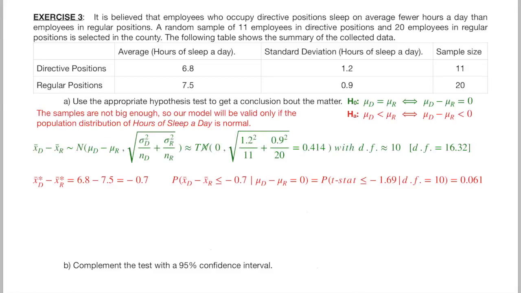The matter of fact is that when we picked our sample, we saw a difference of 6.8 minus 7.5 equals negative 0.7 hours. The question is, what's the probability that the difference between two sample means like this is negative 0.7 or less than negative 0.7 if it is true that the difference between the population means is 0?